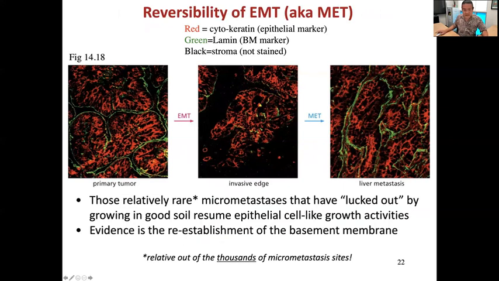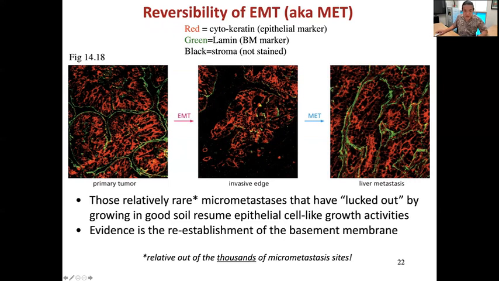So this slide is a nice way of visualizing these processes. In other words, the reversibility of EMT, which is MET. So here we have the primary tumor, and in this primary tumor histology slide, in red is cytokeratin, which is a marker for cells that are more epithelial-like. So in the primary tumor, most of these cells are still very epithelial-like.